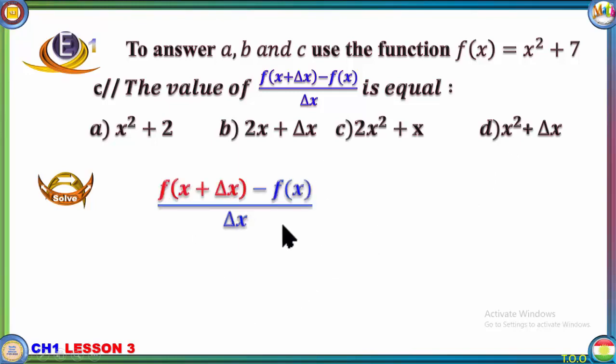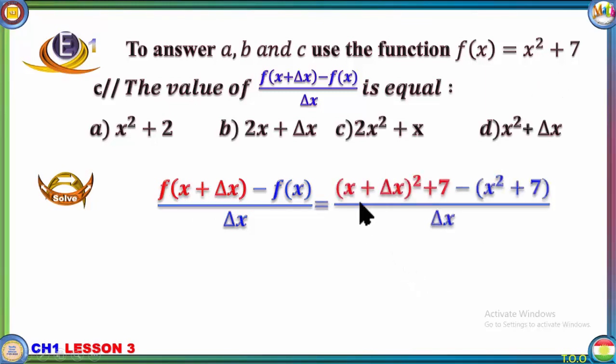To find the value of this, first of all, replace x with x plus delta x. You get (x plus delta x) squared plus 7. Then minus, in place of f of x, replace x squared plus 7.